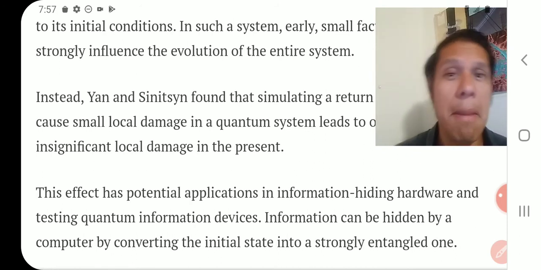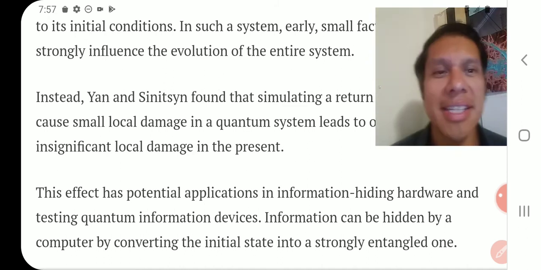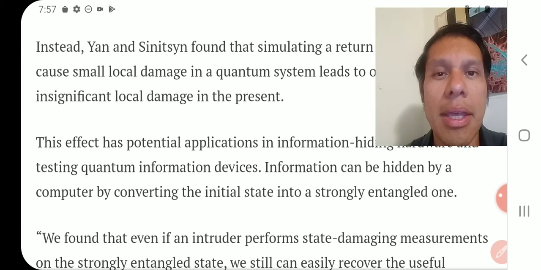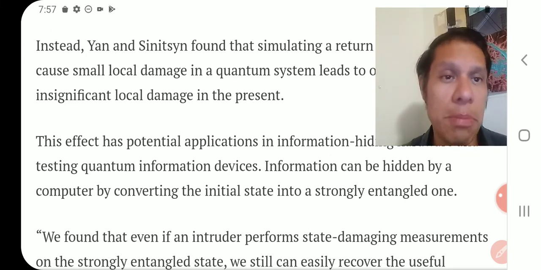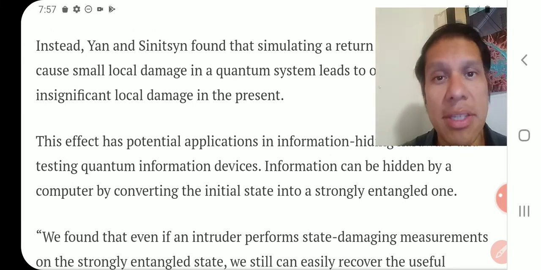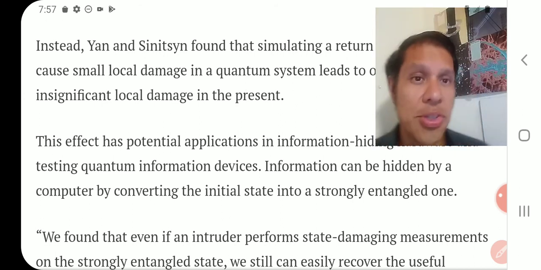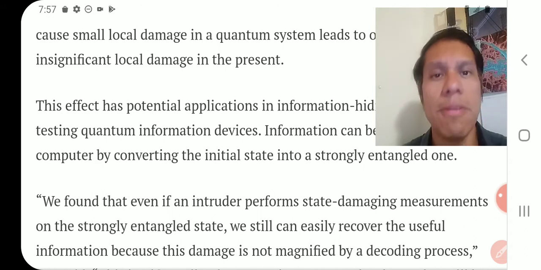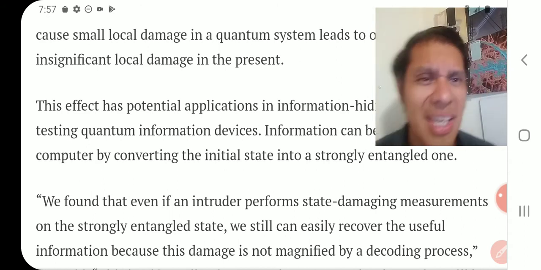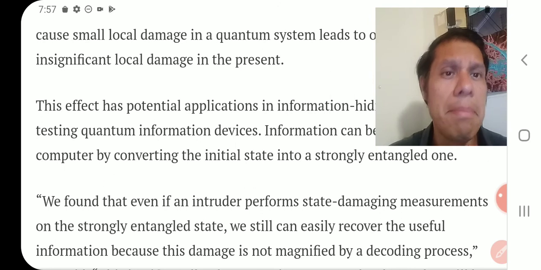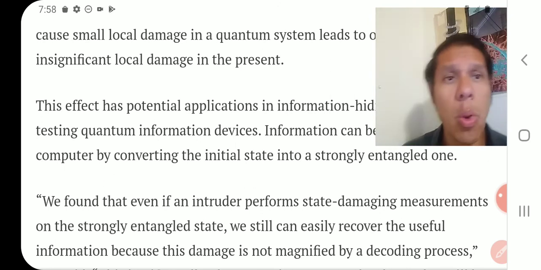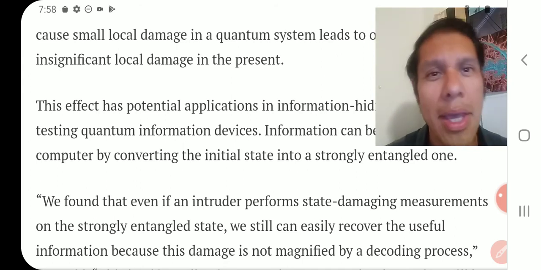"Information can be hidden by a computer by converting the initial state into a strongly entangled one. We found that even if an intruder performs state damaging measurements on the strongly entangled state, we still can easily recover that useful information because this damage is not magnified by a decoding process." Notice there is a keyword, entanglement, right?